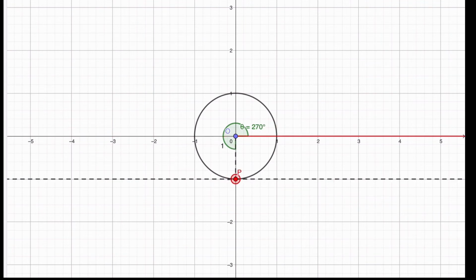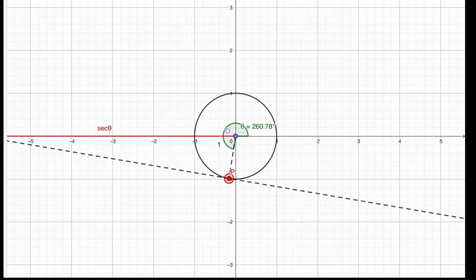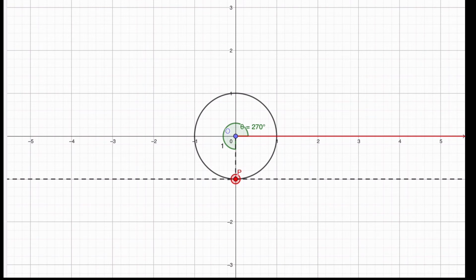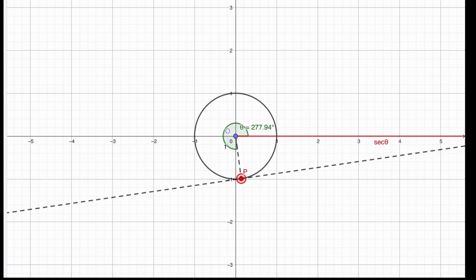And if theta is 270 degrees, secant theta is not defined because cos 270 degrees is 0. For little less than 270 degrees, secant theta is a very big negative value, so negative infinity. For little more than 270 degrees, secant theta is positive, so we denote it as infinity.